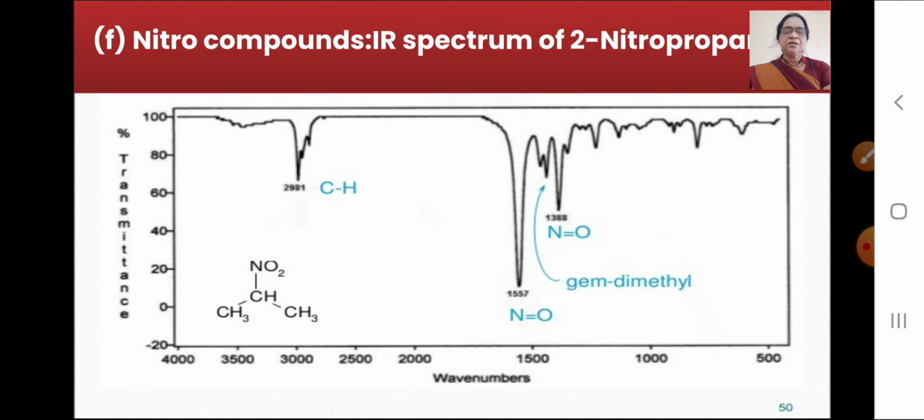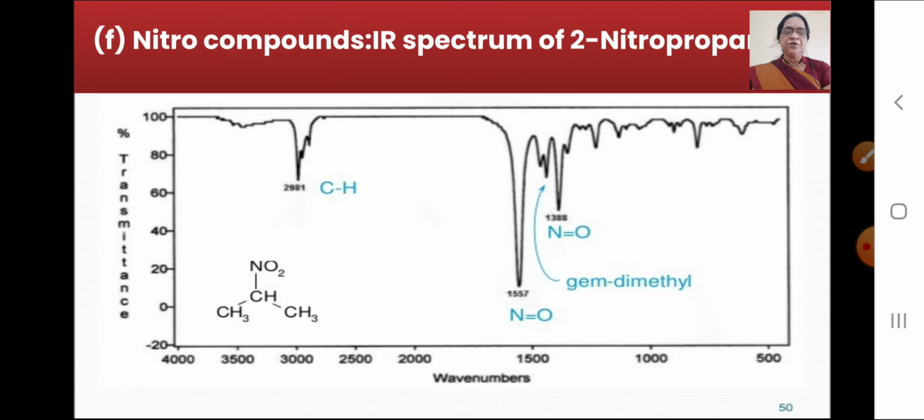In contrast with aliphatic nitro compounds, aromatic nitro compounds give two bands of nearly equal intensities. The conjugation of the nitro group with an aromatic ring shifts the bands to lower frequency, and they appear at 1550 to 1490 per centimeter and 1355 to 1315 per centimeter.